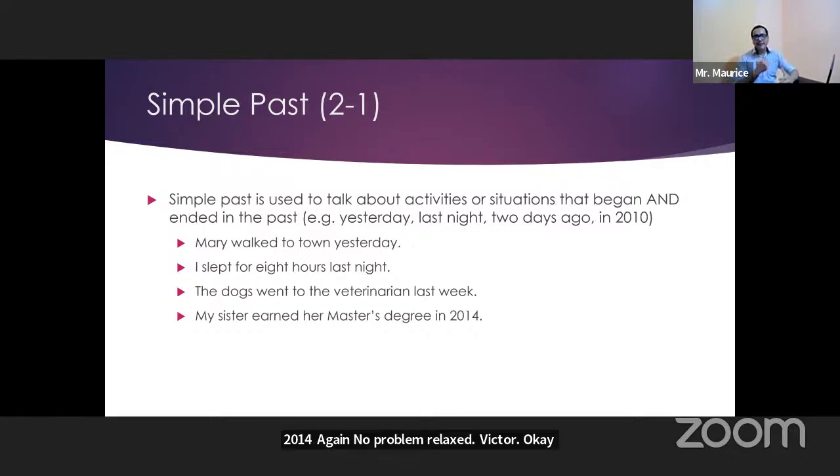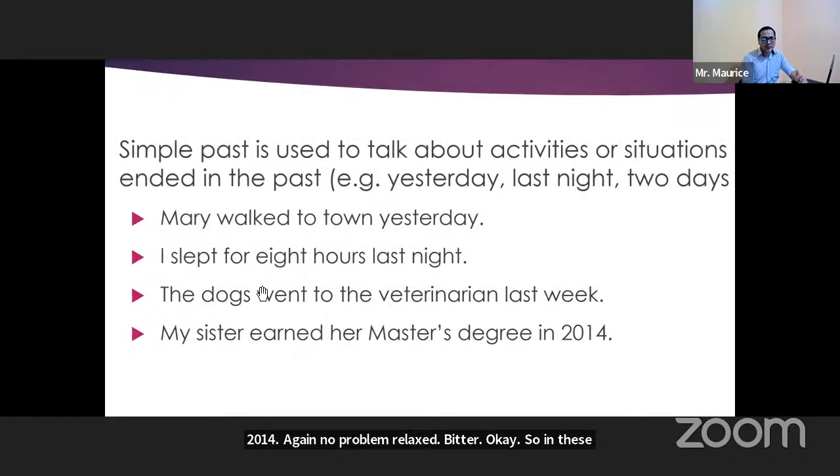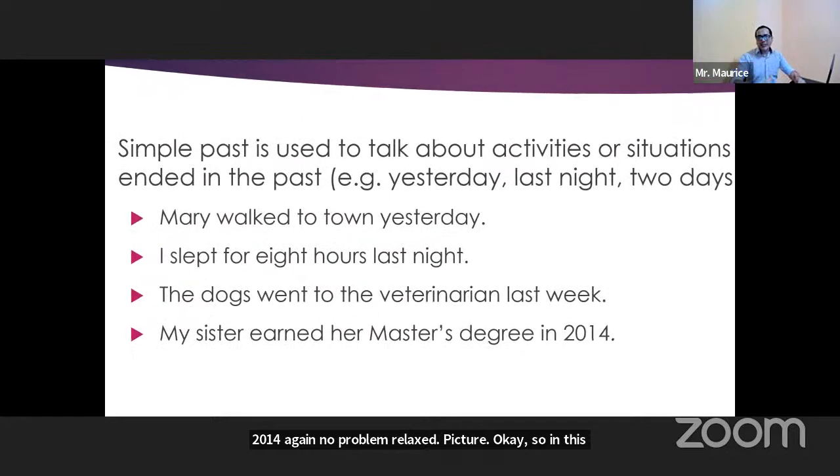Okay. So in these four sentences, as you can see, we have action and time finished. For example, in sentence number 1, walked yesterday. Acción y tiempo concluido. In number 2, slept last night.